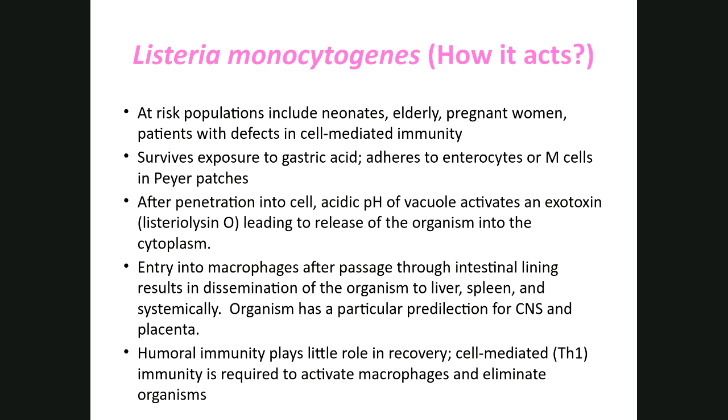It also interacts with the M cells and penetrates into the cell. Once it goes into the cell and is taken up by the phagolysosome, the environment of the phagolysosome becomes acidic for the release of the enzymes. But in this acidic environment, this organism gets activated and produces an exotoxin.